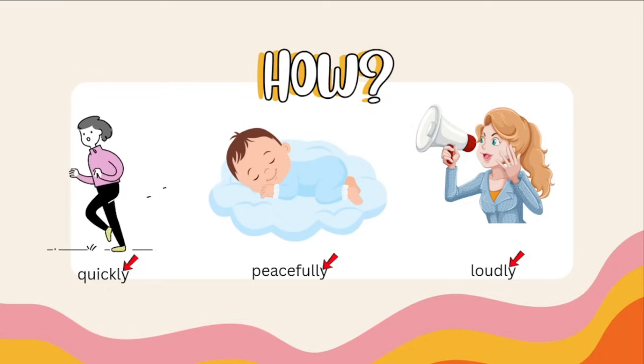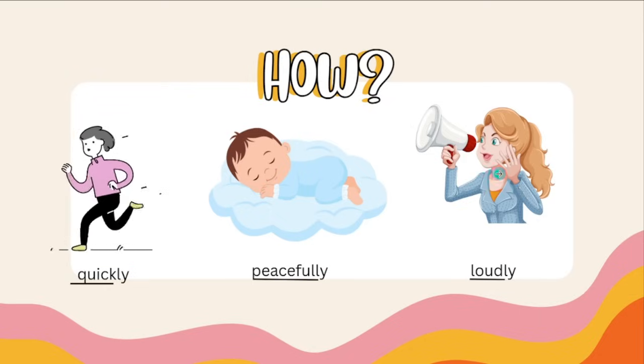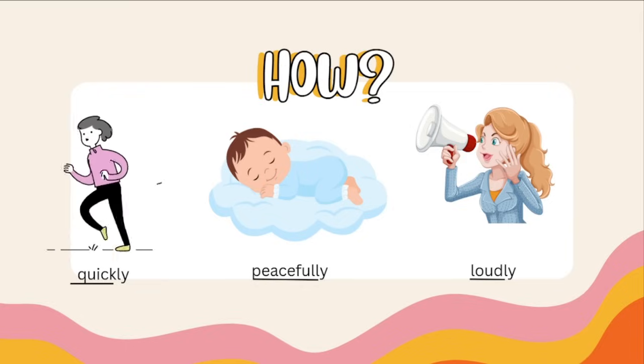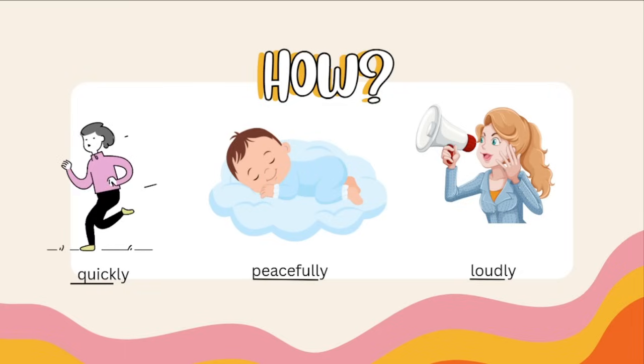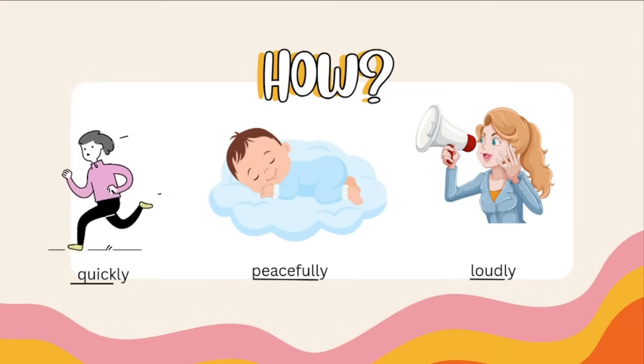Because here, the words quick, peaceful, and loud are words that we use as adjectives. So they describe the noun. But when we put an ly at the end of the adjective, it becomes an adverb.